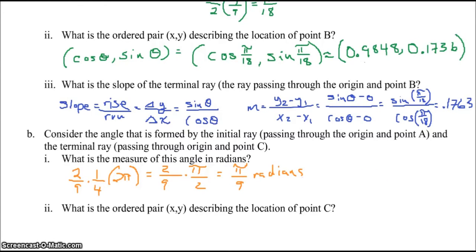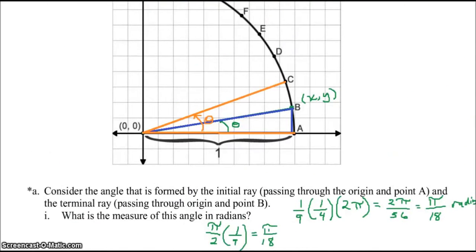What is the ordered pair x, y describing the location of point C? Well, it would just be cosine of the angle and sine of the angle.